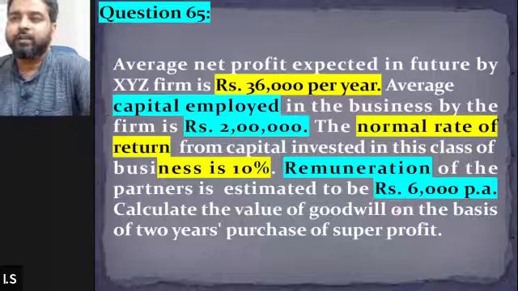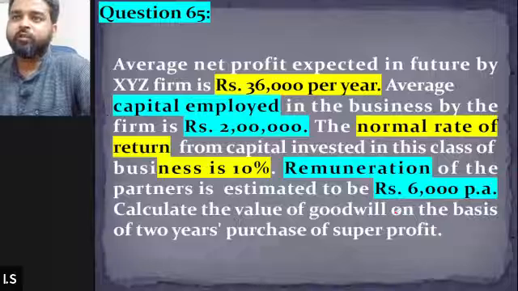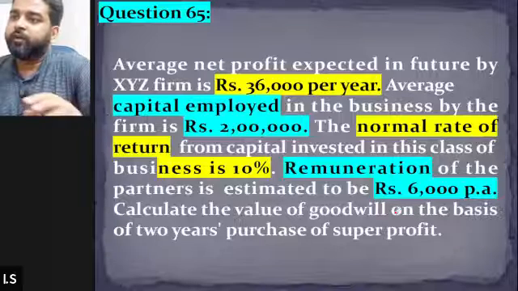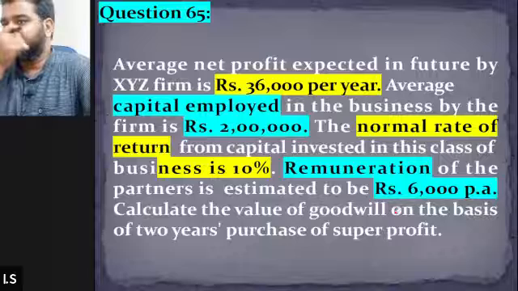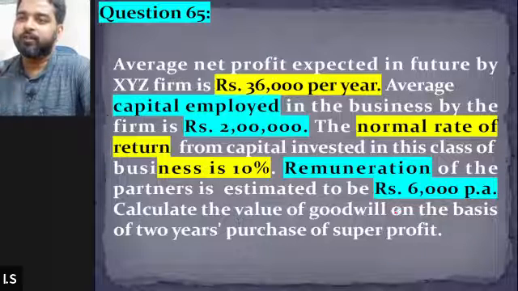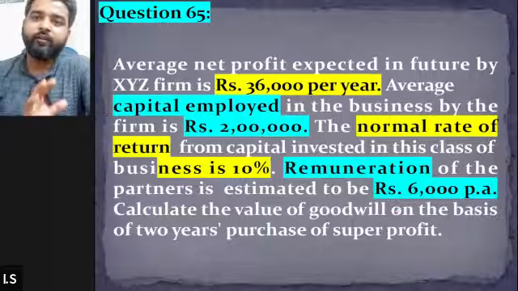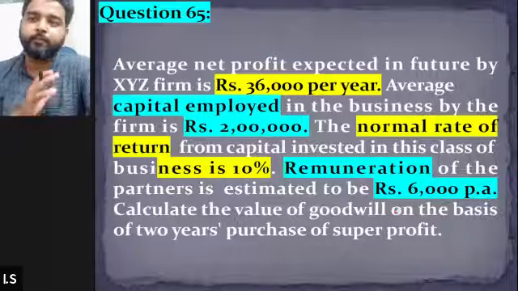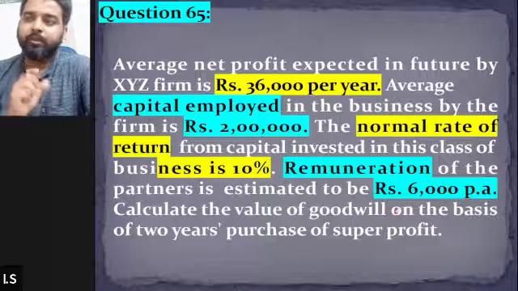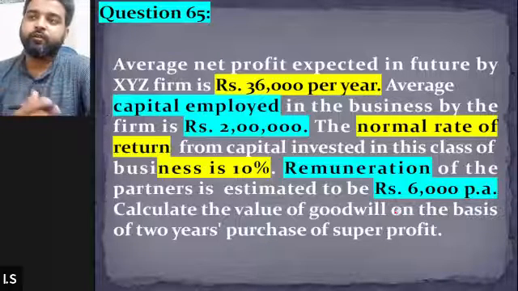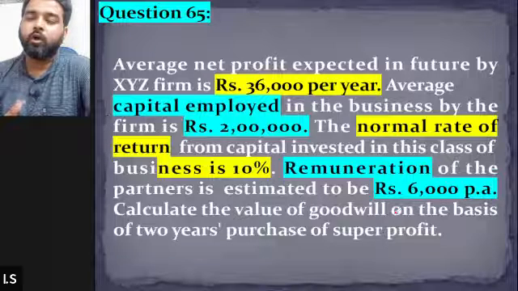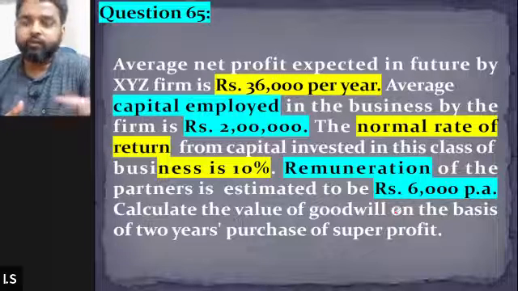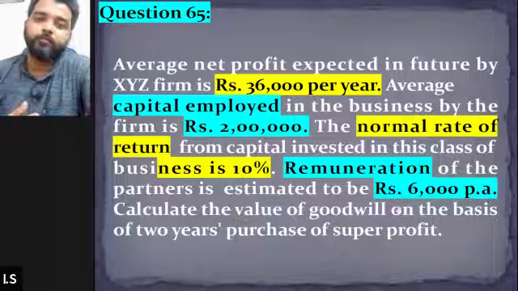Do you understand that? While finding out the average profit of the firm, remuneration needs to be deducted. But since information about the remuneration is given, that means we haven't deducted it yet. So in order to find the correct average profit, we will have to deduct the amount of remuneration out of the average profit.